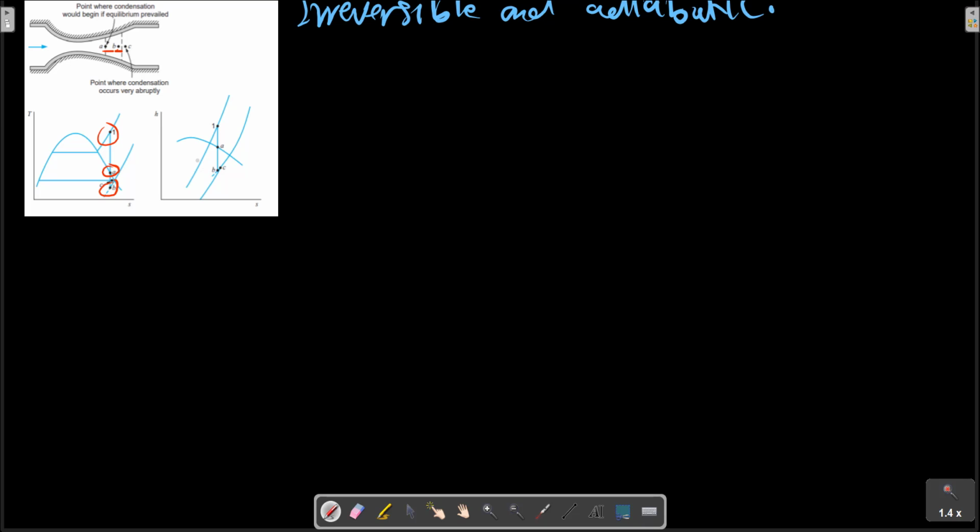And at this point B condensation occurs very abruptly in what is referred to as a condensation shock.